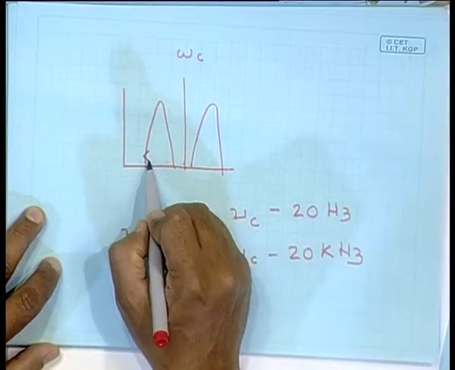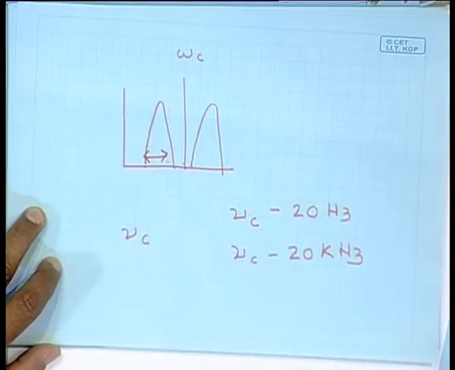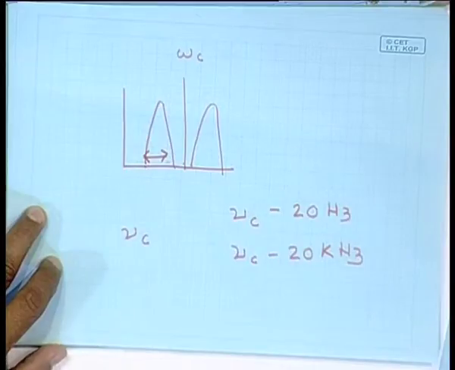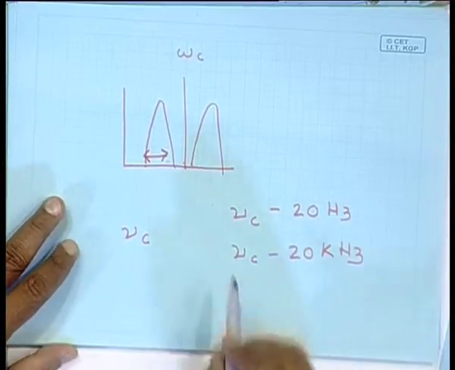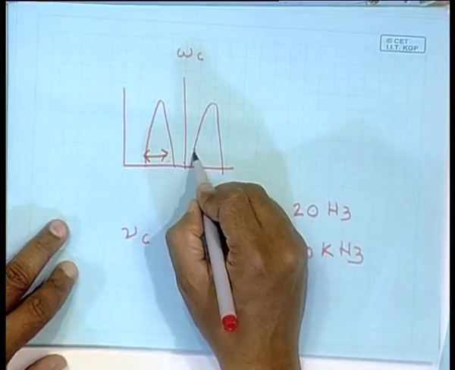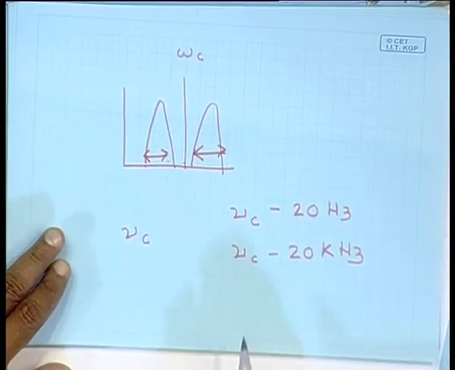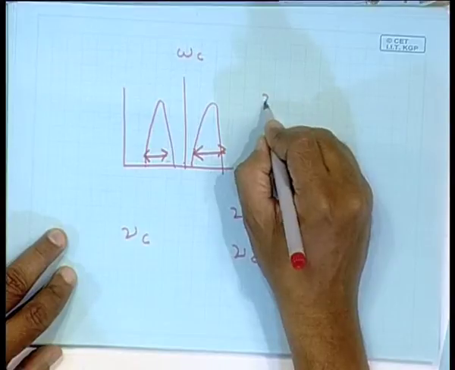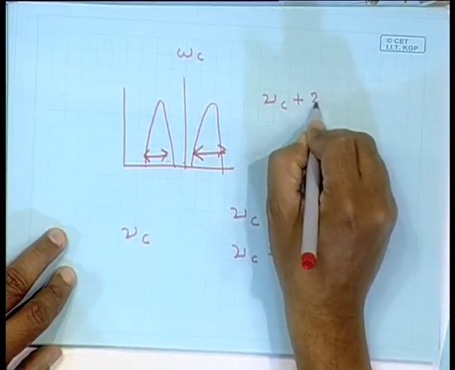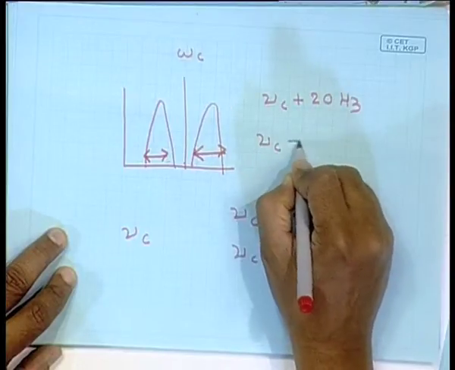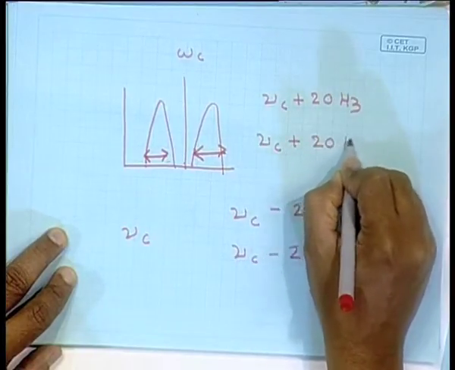My voice spans this entire frequency range. So, the sideband is also going to have the same bandwidth as my voice. You are also going to produce another sideband over here, which is going to span from the carrier frequency plus 20 hertz to the carrier frequency plus 20 kilohertz.